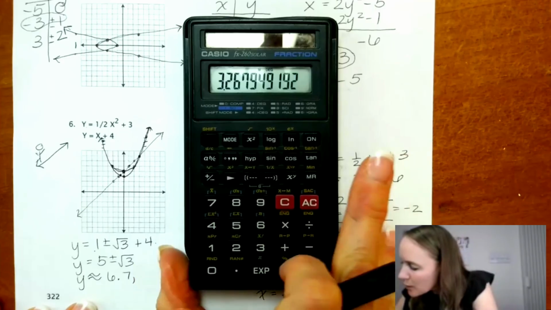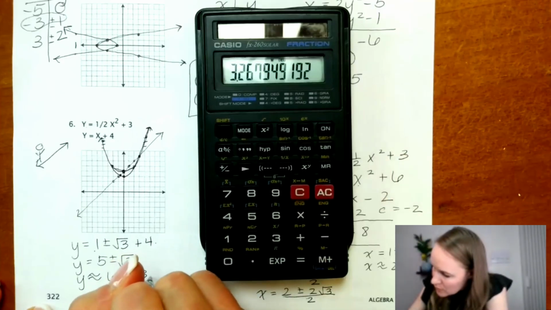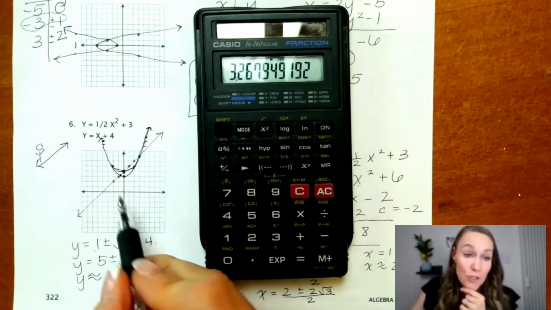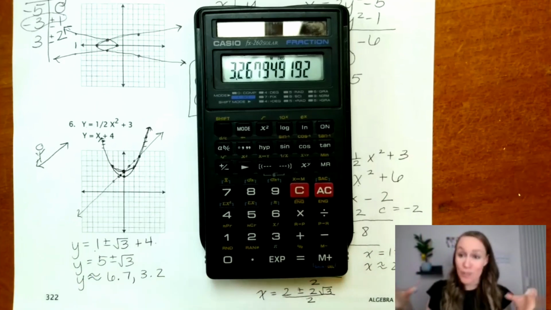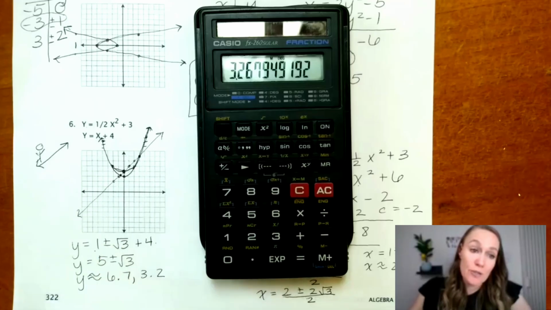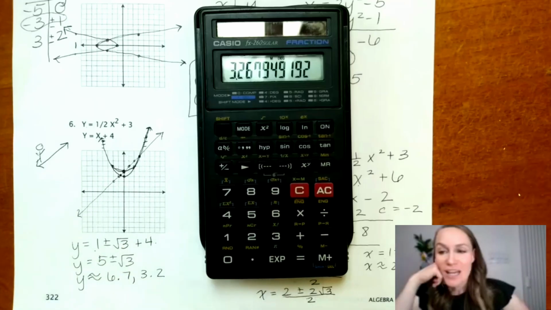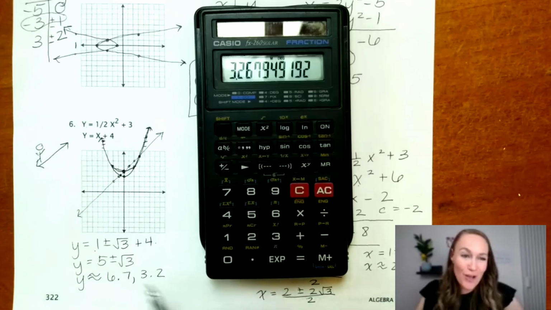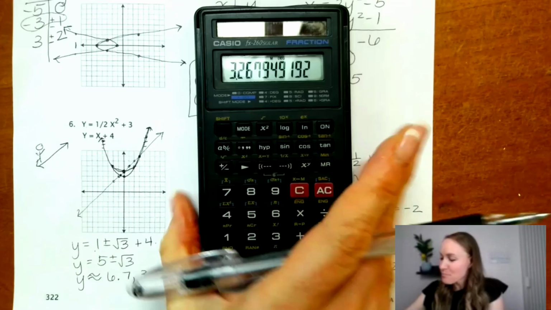What do we get? 3.2. But it's important, right? We only have 2 solutions. We don't have 4 solutions. This is super important to understand, how many solutions we have. On our graph, we only have 2 places where this graph intersects. So I have to know which numbers go with which so I can write down my answer appropriately.